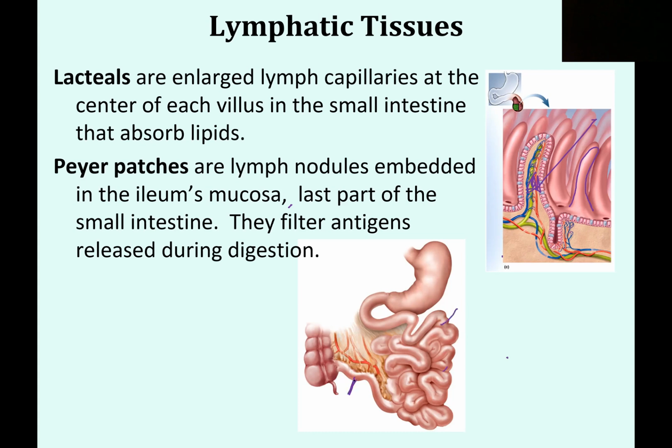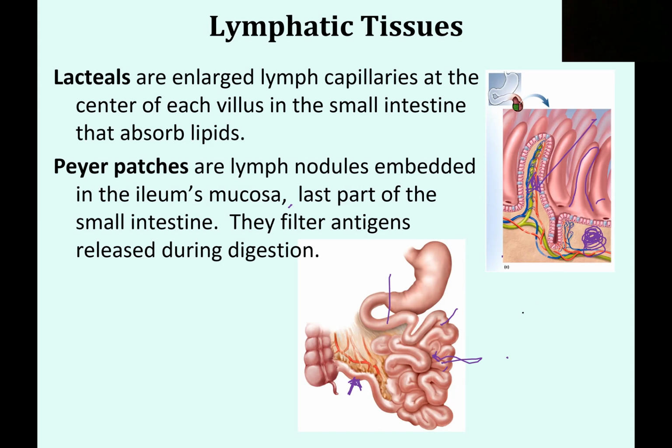And that's what we see down here. There are three parts to the small intestine: the duodenum, the jejunum, and the ileum. The Peyer's patches are embedded in the mucosa. So if we look at this picture up here, they would be embedded in here.